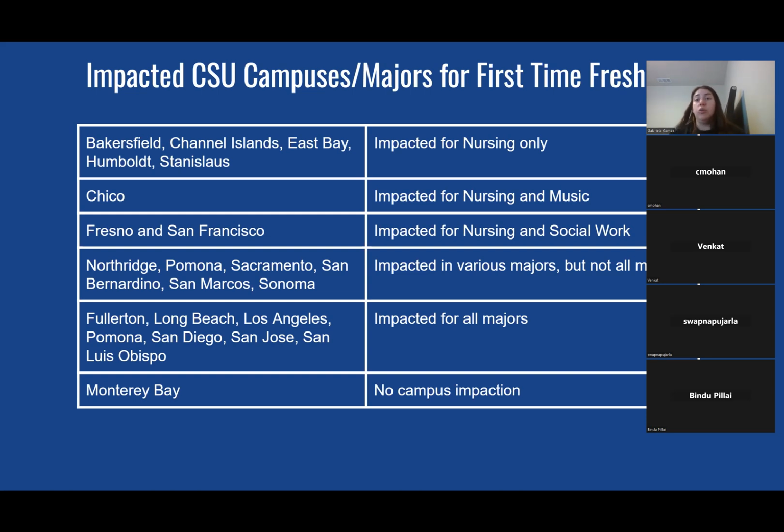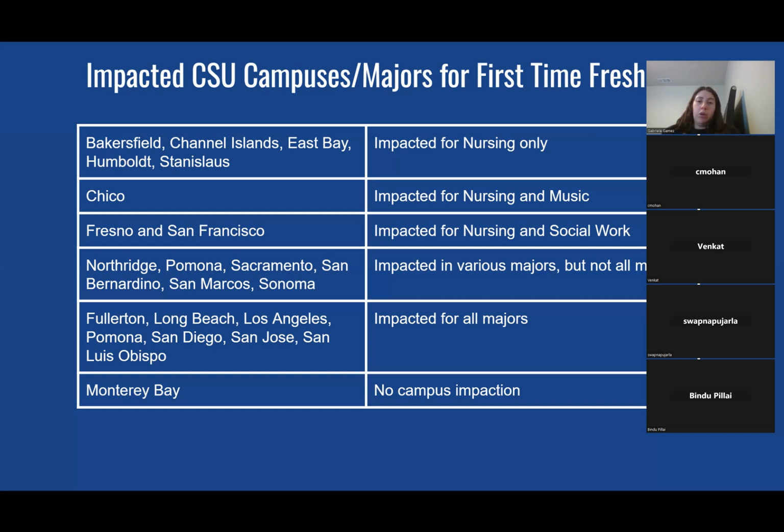All of this stuff you can also find online if you were to look it up. I don't know that we have this in depth on our website, but if you were to just look up CSU impacted majors or UC impacted majors, something like this could pop up and you'll be able to see a big chart of it.